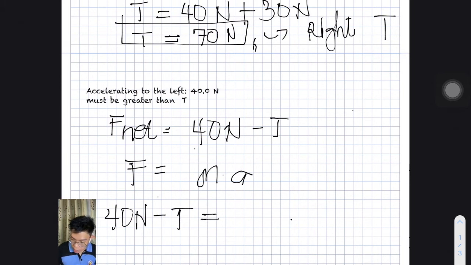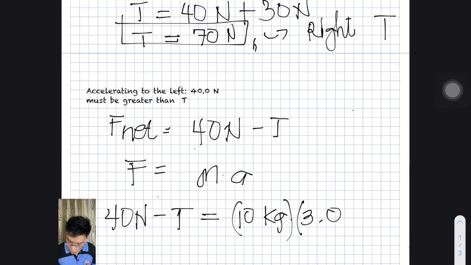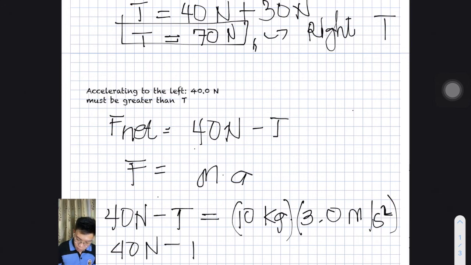is equivalent to the mass of an object, which is 10 kilograms, multiplied by its acceleration, which is 3.0 meters per second squared. Okay, so let's all solve. Continue solving this problem until we arrive at our solution. 40 newtons minus T is equal to 30 newtons.